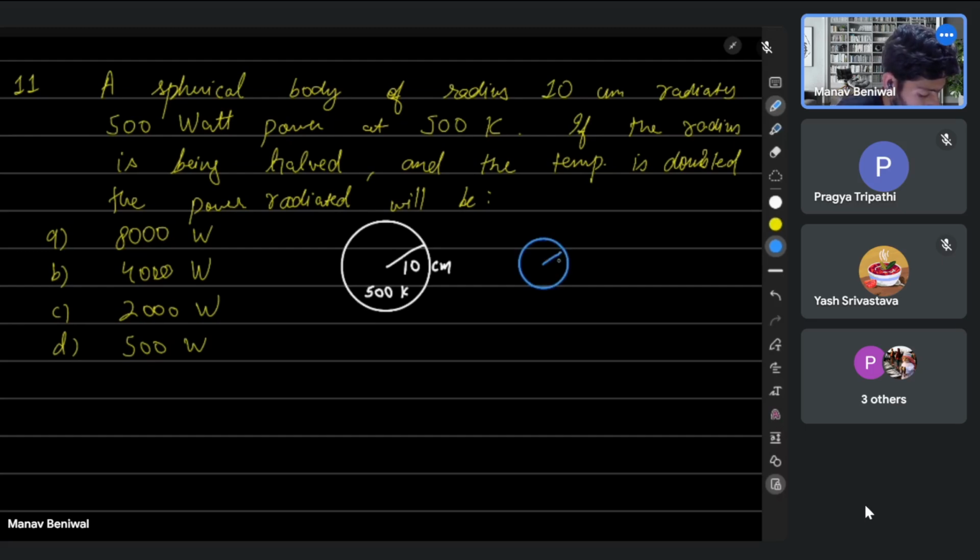Radius is now 5 centimeters, and temperature is now doubled, so temperature is now 1000 Kelvin. So earlier the power which was emitted was 500 watts, and now we want to know what will be the power now.